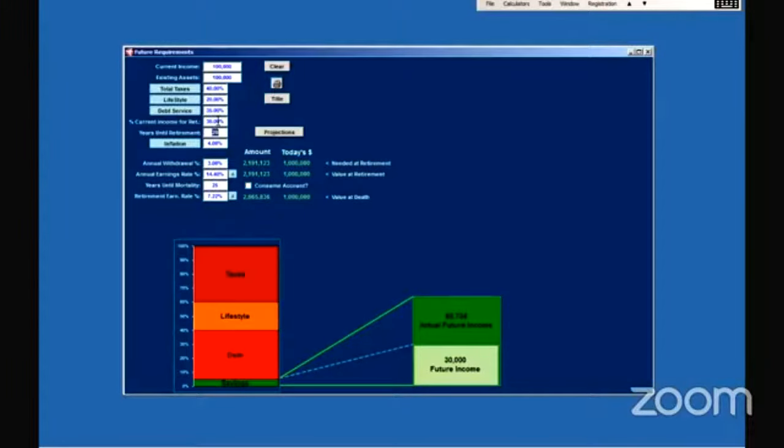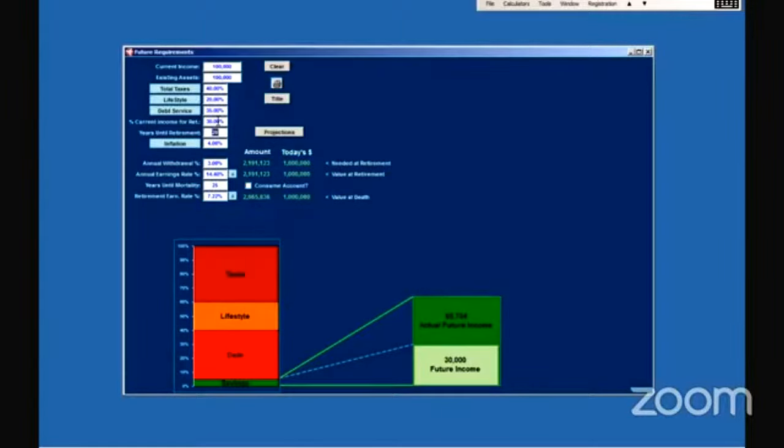What am I trying to say with this? What I'm trying to say is that there is a major difference between the accumulation rates and the distribution rates. While you're investing and working in your life and in your career and in your business, most of us are very concerned about the accumulation rate, but we don't pay attention to the distribution rate, because distribution is not something that you think about.